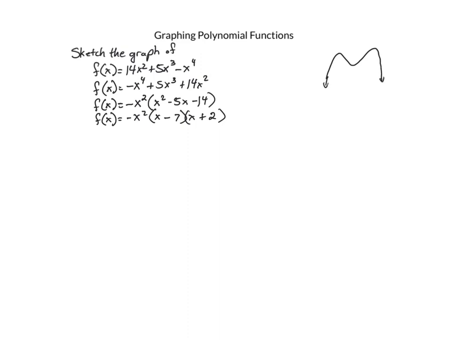It just gets very steep. So our zeros are 0 with multiplicity 2, 7 with multiplicity 1, and negative 2 with multiplicity 1.